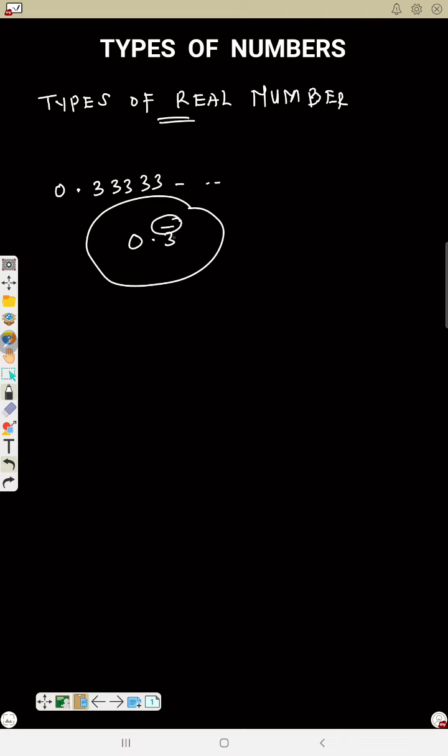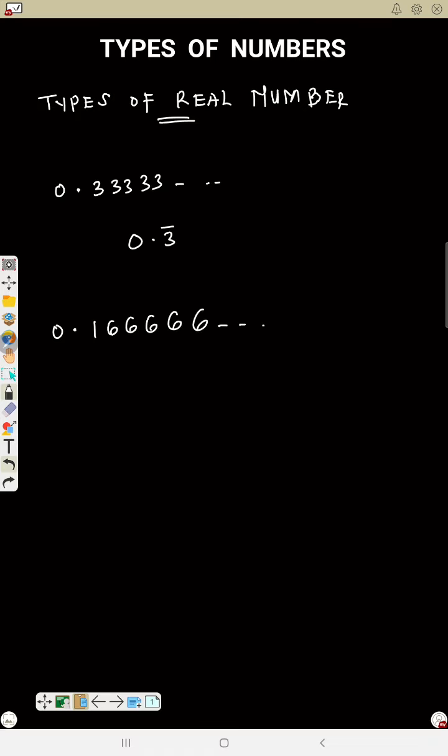This bar shows that we repeat 3 several times. Now look at another one: 0.166666. What are we repeating here? 0.16, that means we are repeating 6. The bar does not affect 1. It's only affecting 6 because it's 6 that we repeat several times here.